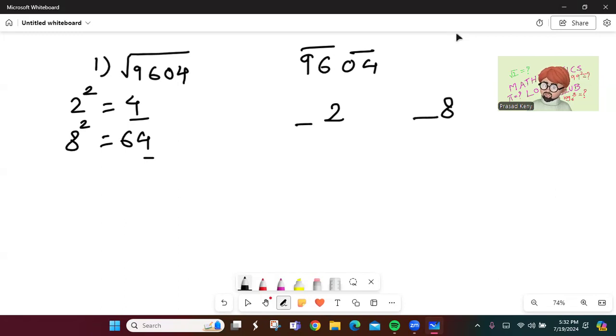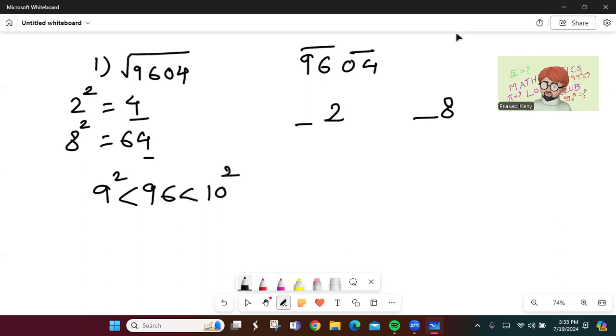Now, I have to think of the next place. So I will consider the next group 96. Now what you do is think of two perfect squares between which 96 lies. And as you know, 96 lies between 9 square, 81, and 10 square, 100.